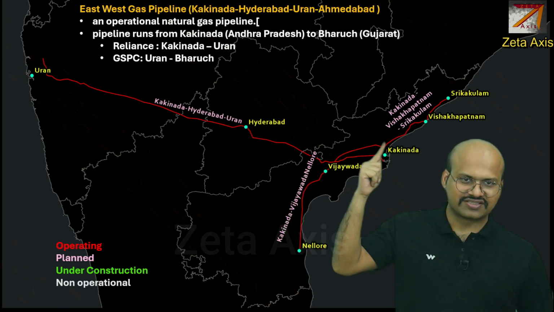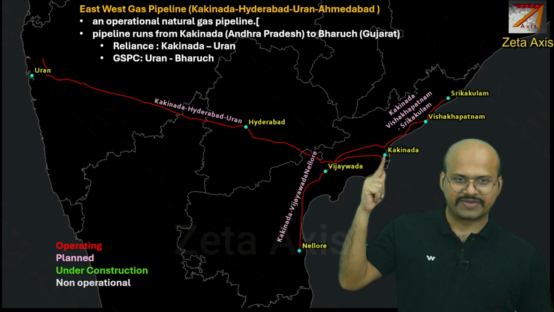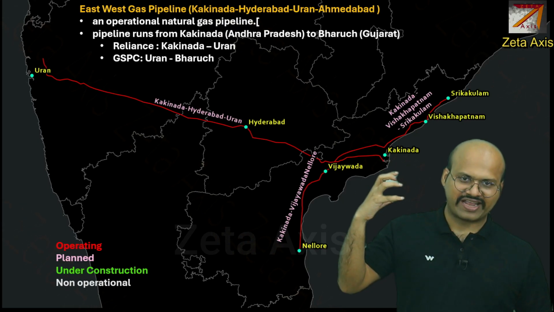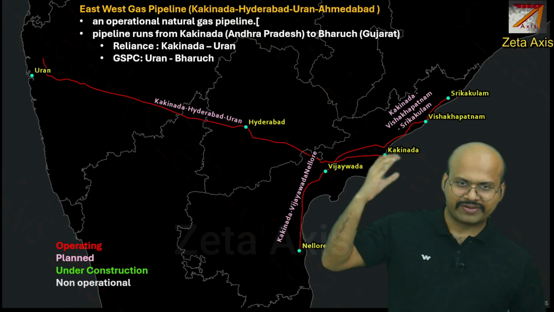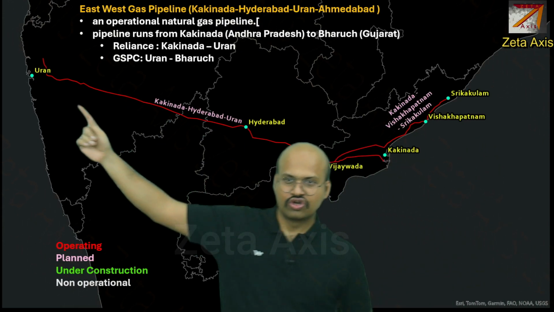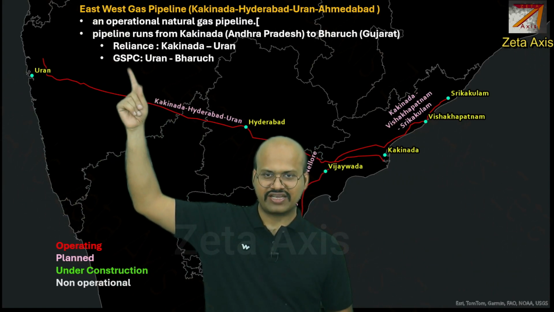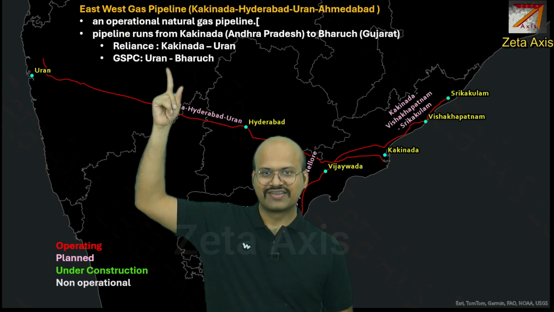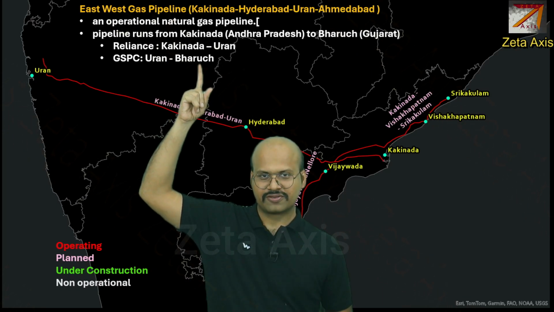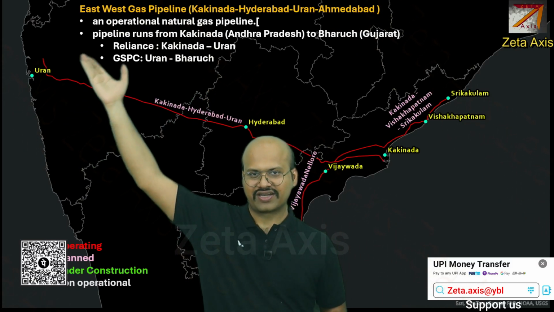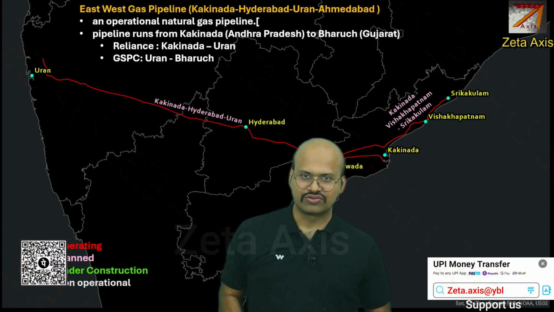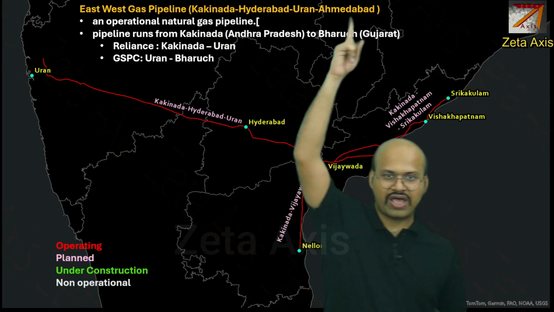We have seen that this is the KG basin, Krishna Godavari basin. So it takes the natural gas which is produced from here and passes it via Hyderabad to Uran. Here we have pipelines of GSPC, that is Gujarat State Petroleum Corporation, and it has branches from Uran to Bharuch. So then it is connected and passed to Bharuch, and then to Ahmedabad.